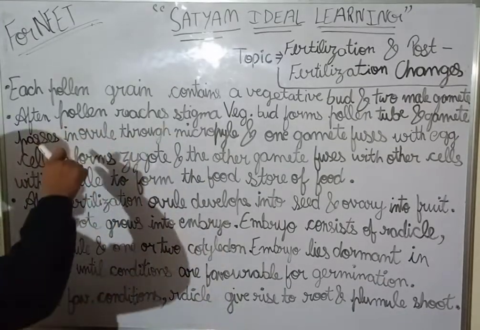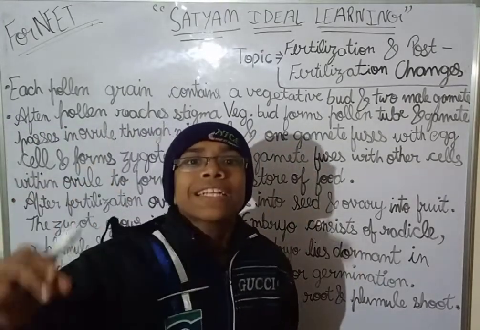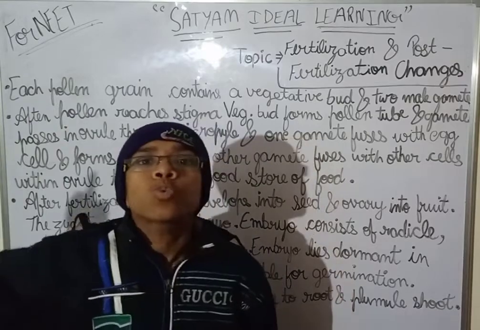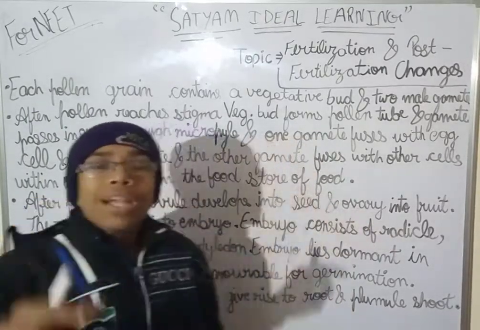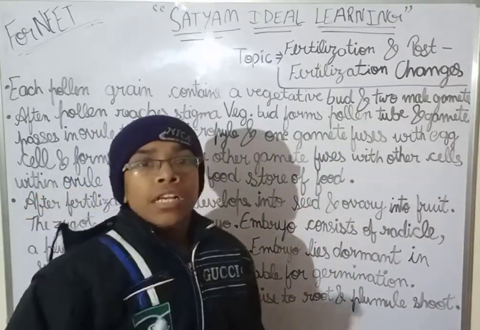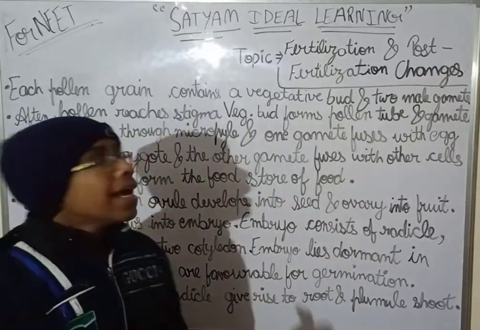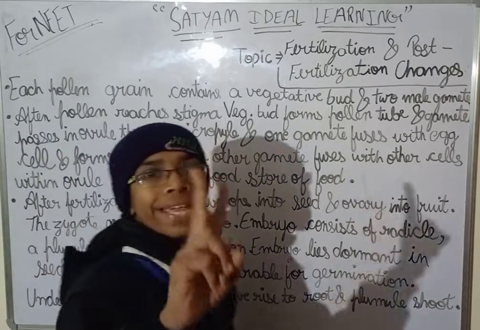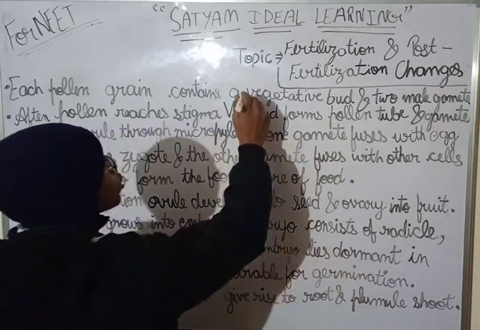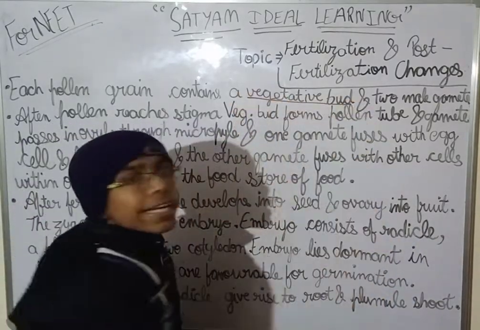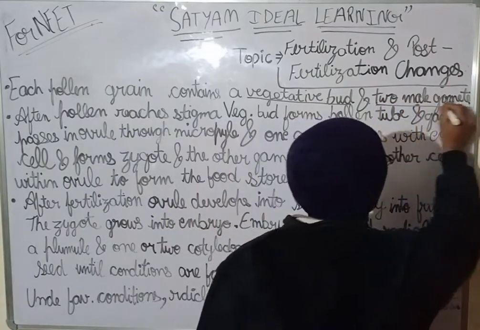In pollen grains, you know, the pollen grains transfer from the anther to the stigma. So what does a pollen grain contain? The pollen grain contains the vegetative bud and the two male gametes.